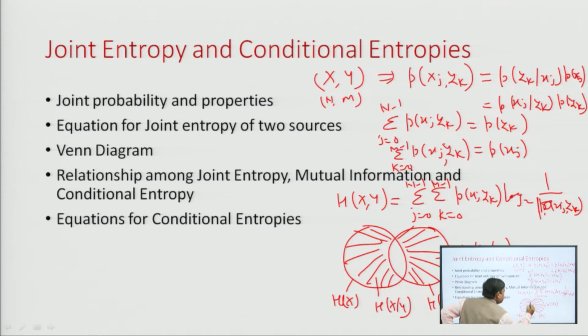And this part is represented by I(X;Y), known as the mutual information. That is the mutual information of sources X and Y, meaning the common symbols of sources X and Y are found in this region.